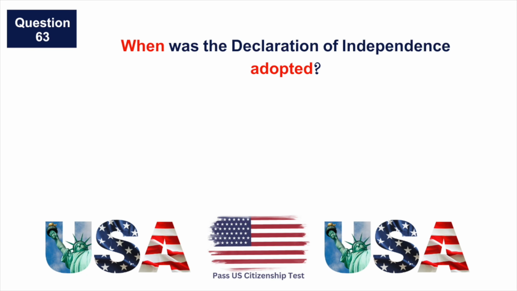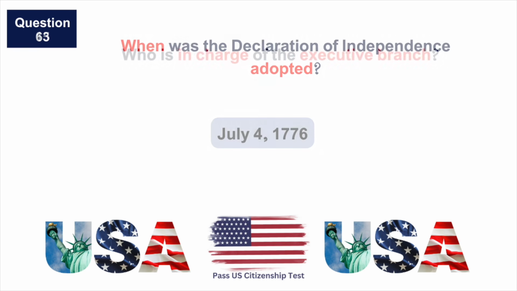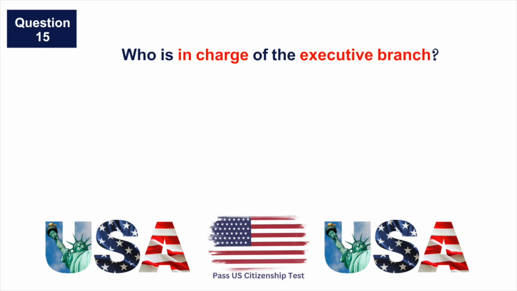When was the Declaration of Independence adopted? July 4, 1776. Who is in charge of the executive branch?